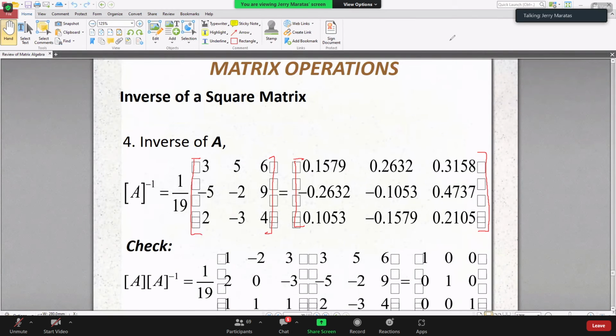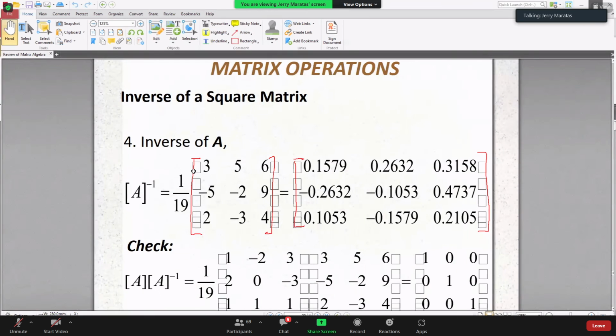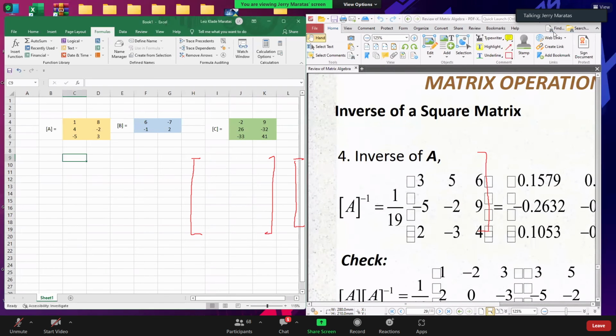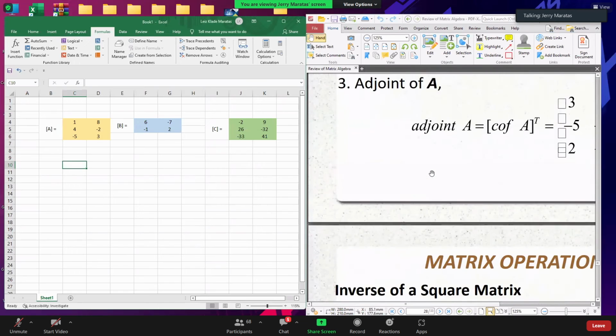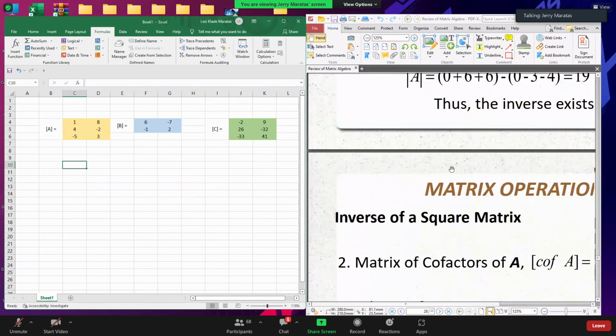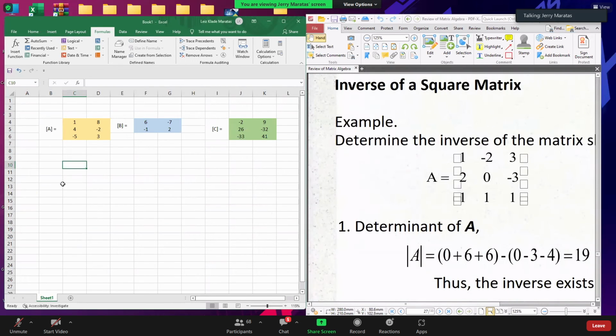Okay, now let us use Excel. Kung gamiton ang Excel, ha? Okay. Okay, where is the matrix A? Nasa itong matrix A na to. Okay, this is matrix A, no?